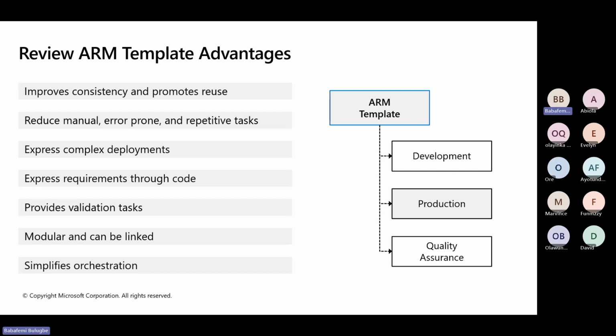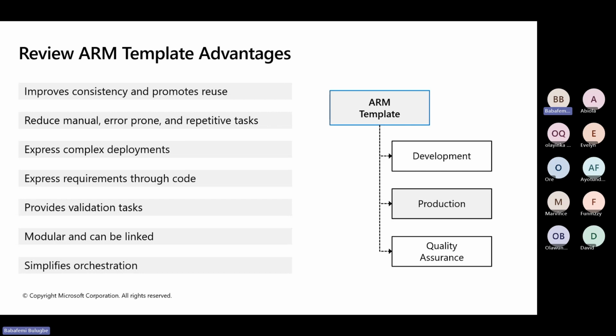Now, when it comes to the deployment, it's easy because you can read, you can see what you are creating. So ARM templates give you that, how can I put it? It's declarative, let me put it that way.